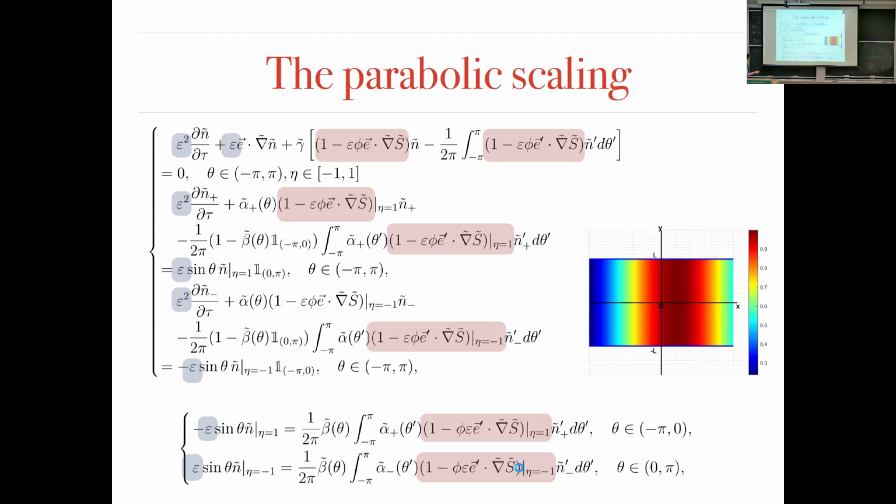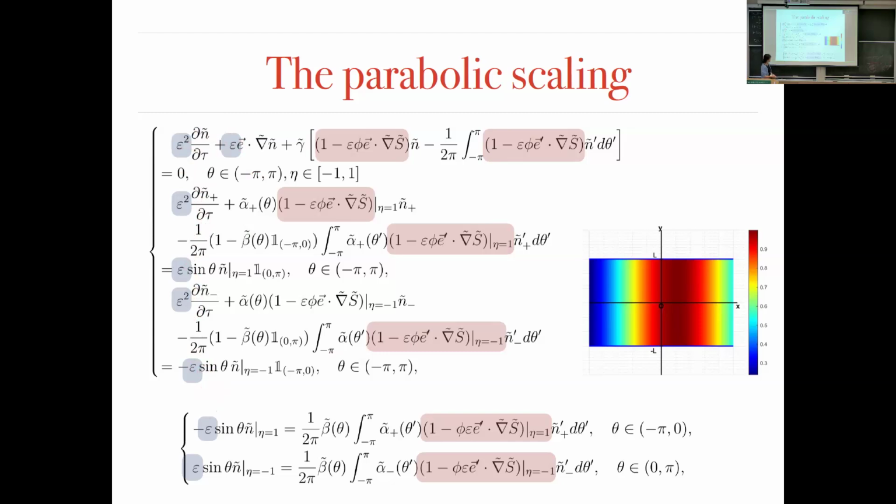This is realized by putting such a scaling in your tumbling kernel, because the tumbling kernel would be affected by the gradient of S here. For the classical equation, we also know that the parabolic scaling should be used in your system. Then we can put this into the velocity jump model and try to derive what kind of boundary condition we can get out of it.